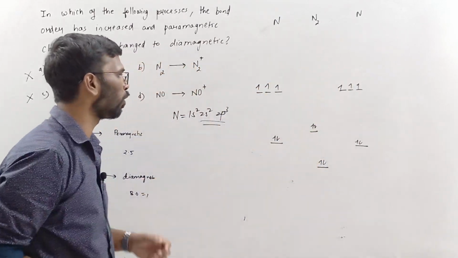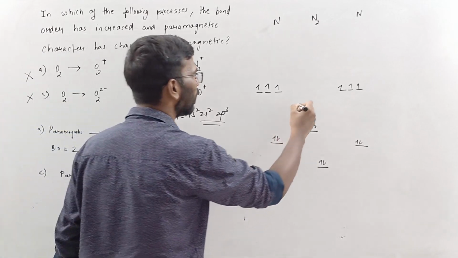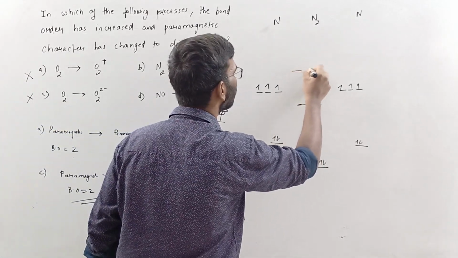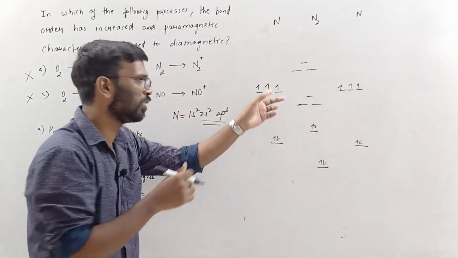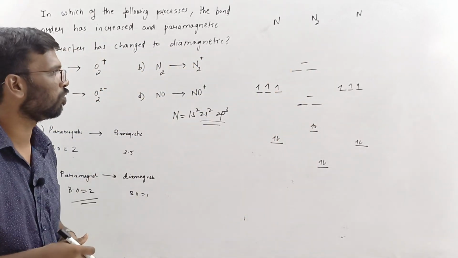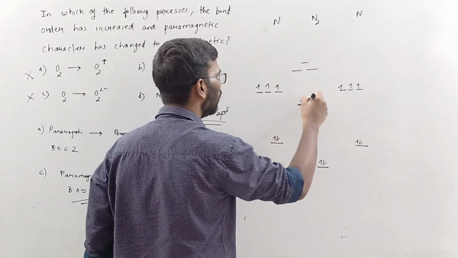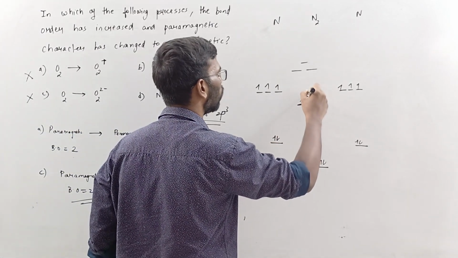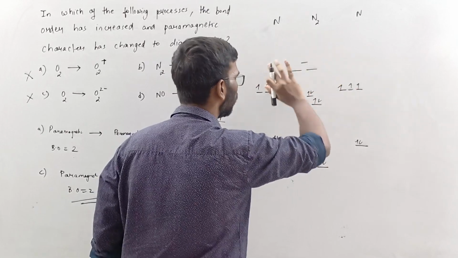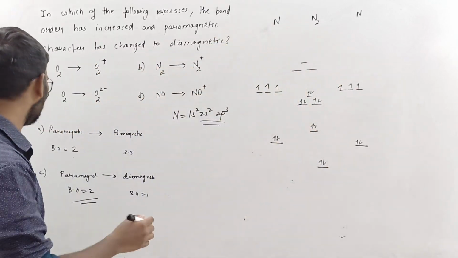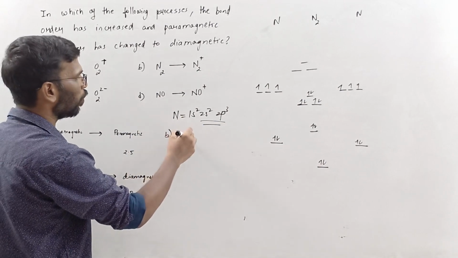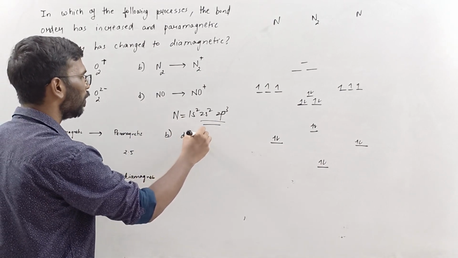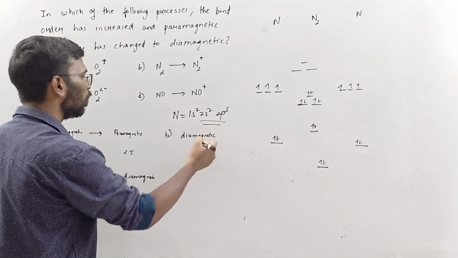Less than or equal to 14 electron system. So what do we write? 2, 1, 2, 1. Also you should know the meaning. 2, 1, 2, 1 means which orbital we are speaking of. I have described this at the initial of this lecture. So this is 1, 2, 3, 4, 5 and 6. 6 electrons are gone. There are no electrons in anti-bonding. So for the option B, it is initially diamagnetic. And what is the bond order?